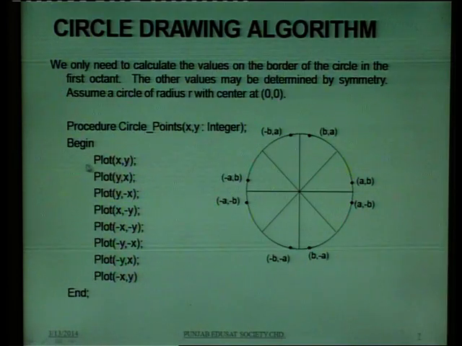Then begin, you have to plot x and y, y and x, y and minus x, x and minus y, minus x and minus y, minus y and minus x, minus y and x, and minus x and y, means in every quadrant, in every octant you have to find the positive and negative values of the x and y coordinates on the circle.